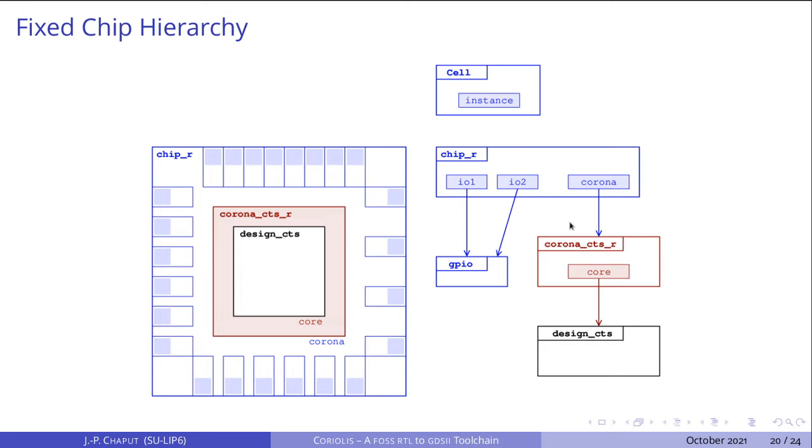So, wrapped around the Corona, we have the final chip level, which contains all the I/O pads, here, I/O1, I/O2, and so on. Those are the pads which are around the chip, and the Corona, which is at the center. So you will see all those netlists appear in your directory. So don't be alarmed, it is perfectly normal.